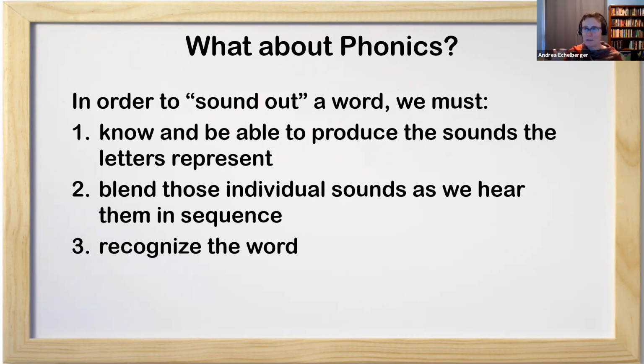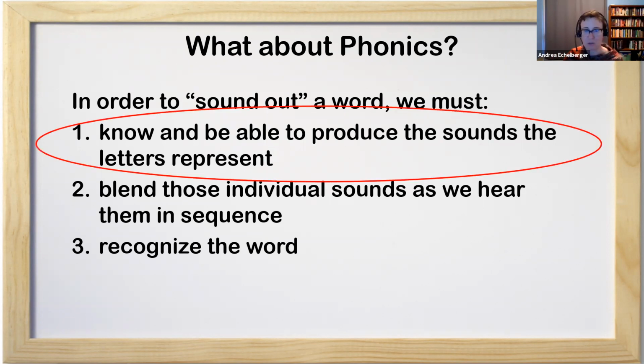So when we come to sounding out a word, it's not just one skill that people are using. There's actually three different skills. However, oftentimes when it comes to phonics, what gets focused on the most is number one, knowing and producing the sounds that the letters represent. And number two and three, which are equally as important, can often get set off to the side.